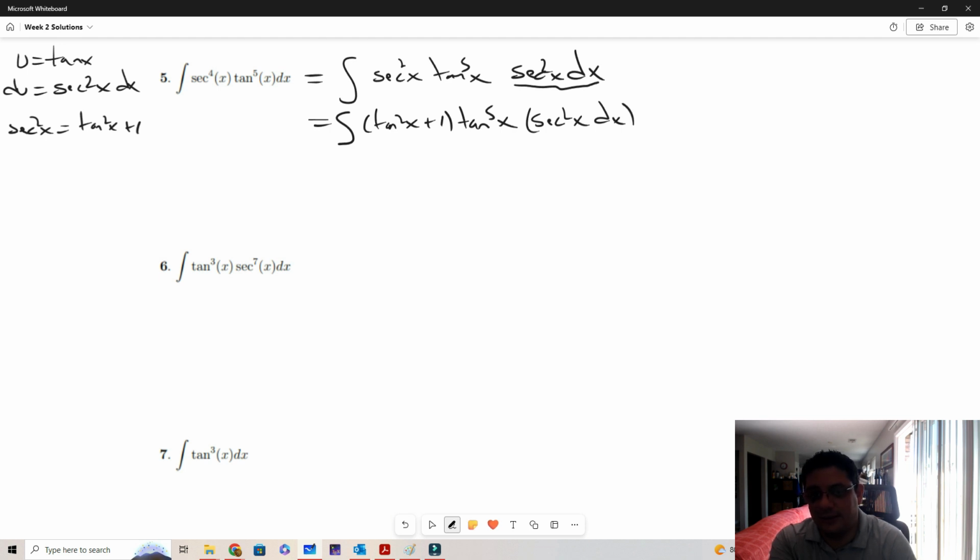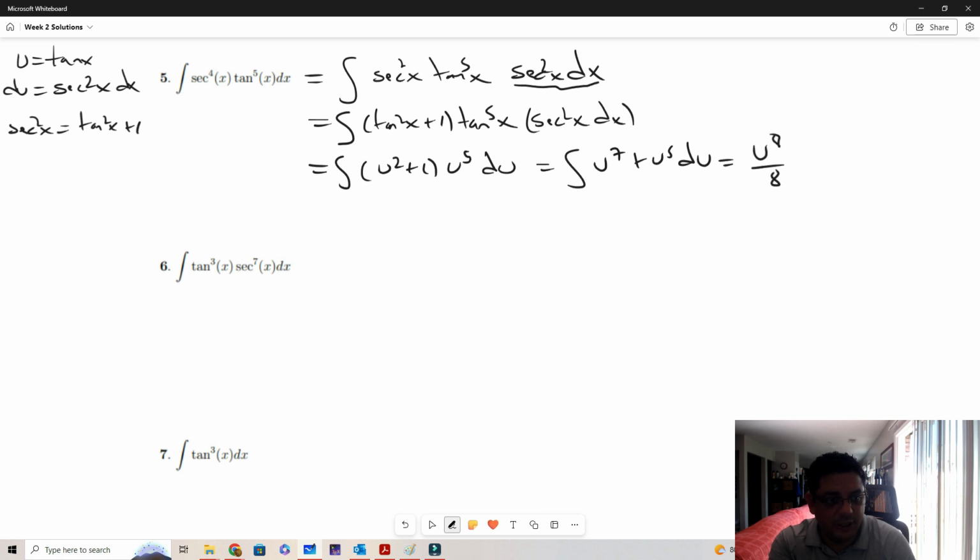And you can see here that if I replace by u and du, then this becomes u squared plus 1 times u to the 5, and this transforms into the du. Now that's going to transform the integral into u to the 7 plus u to the 5 du. And this is going to be u to the 8 over 8 when I integrate, plus u to the 6 over 6 plus c.